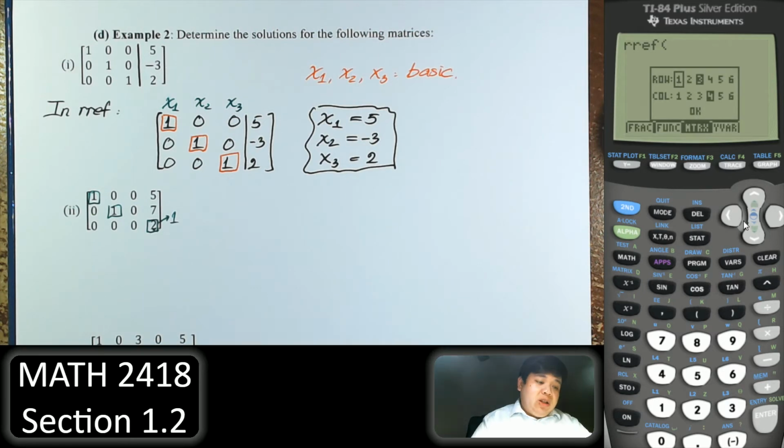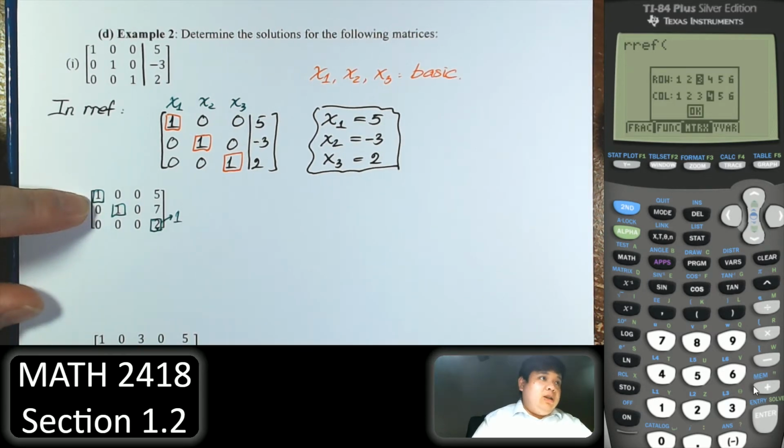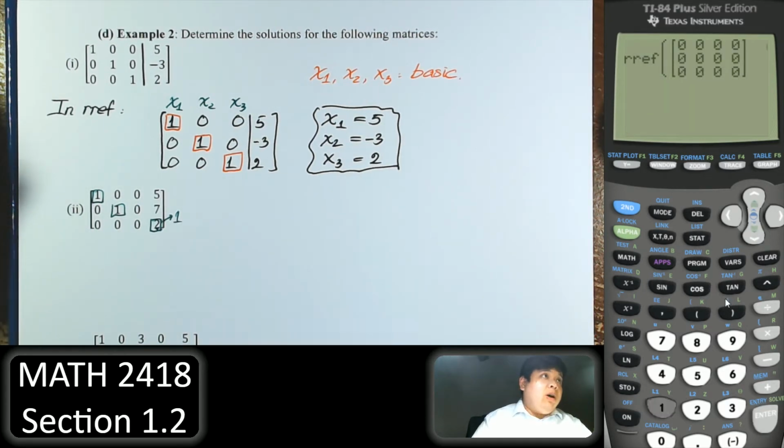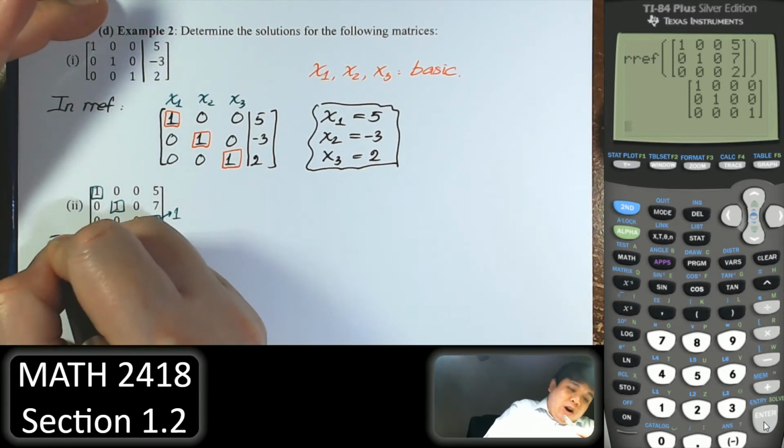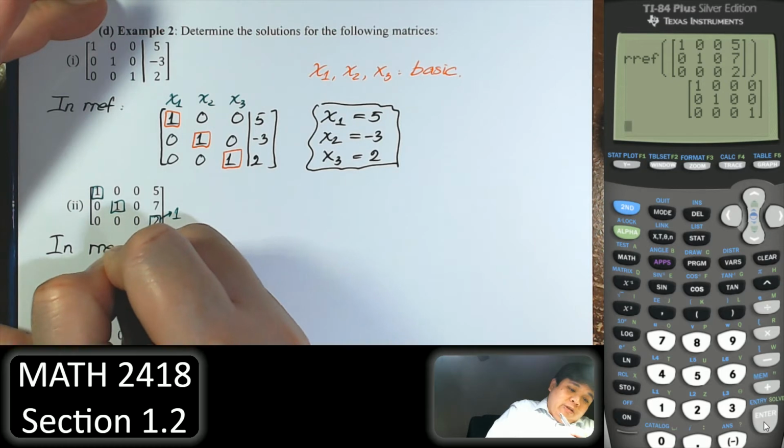Apply to this matrix, 3 by 4. So we have to write the matrix in reduced row echelon form before we do anything.